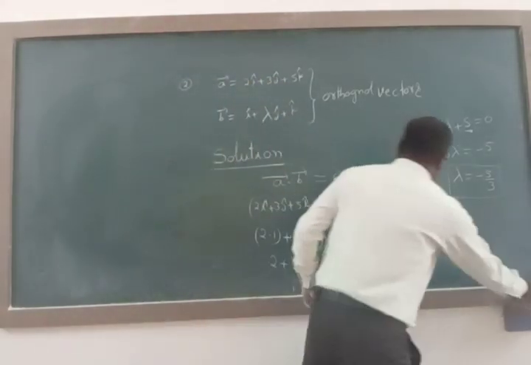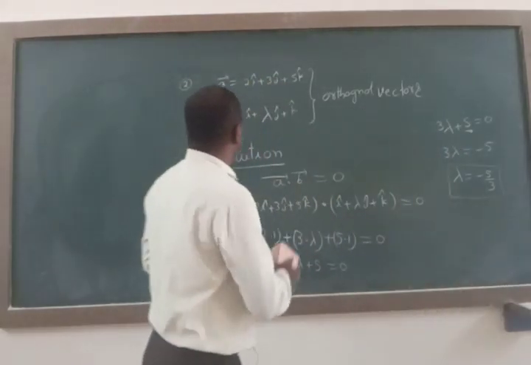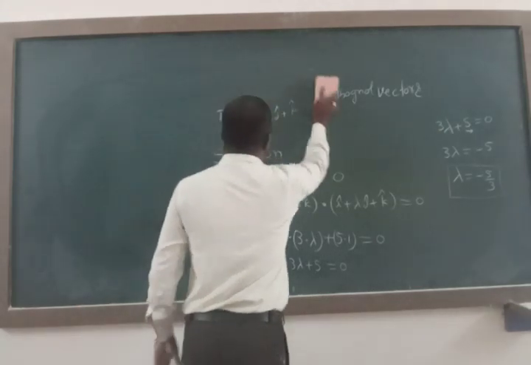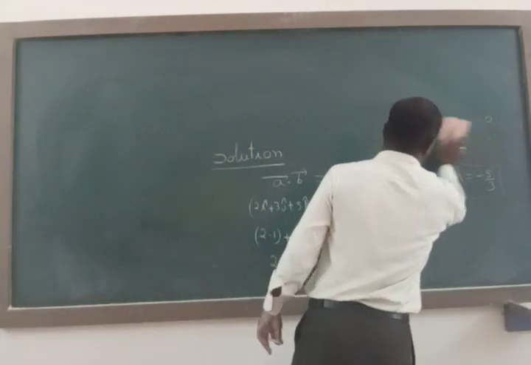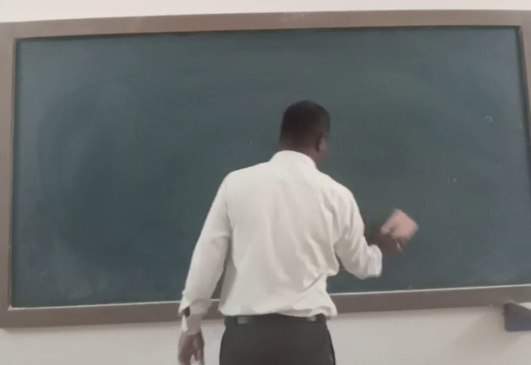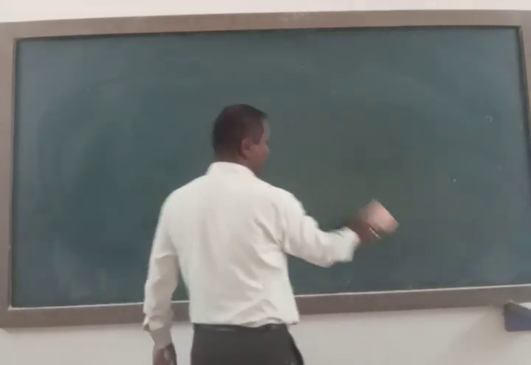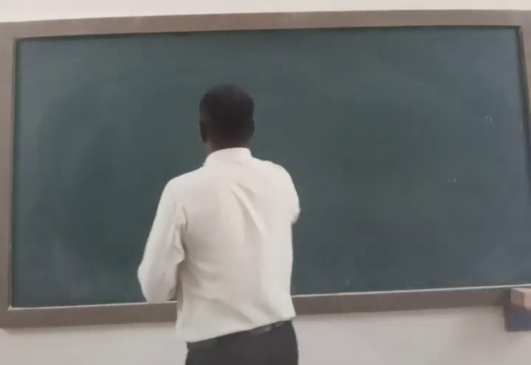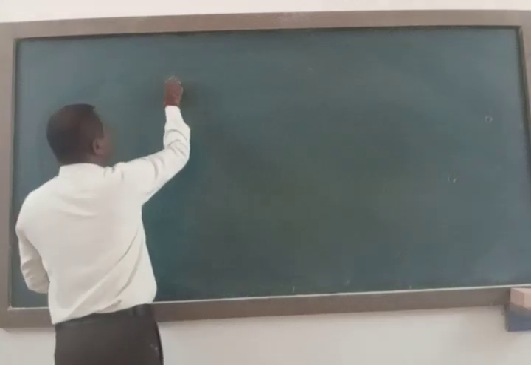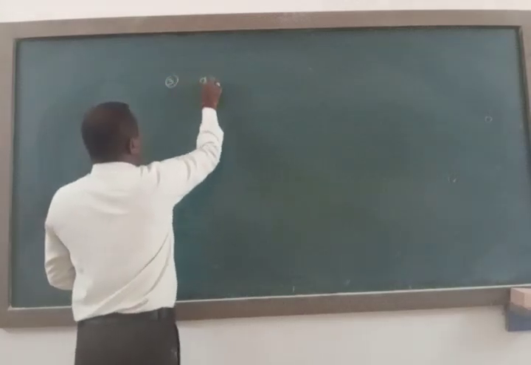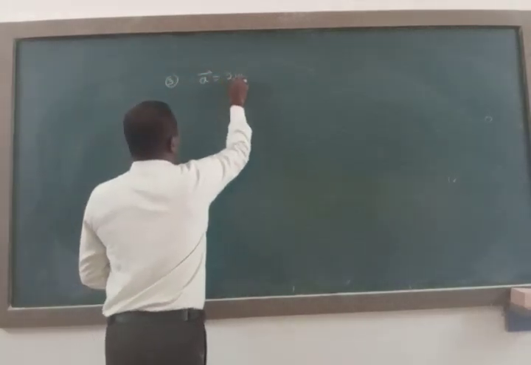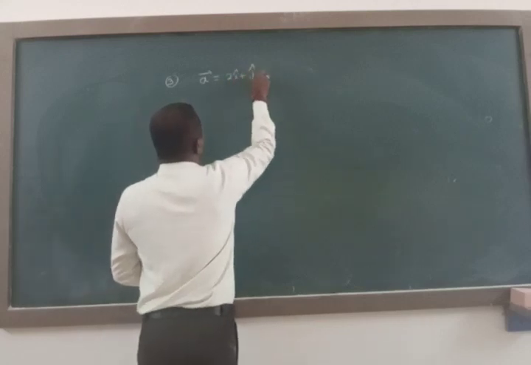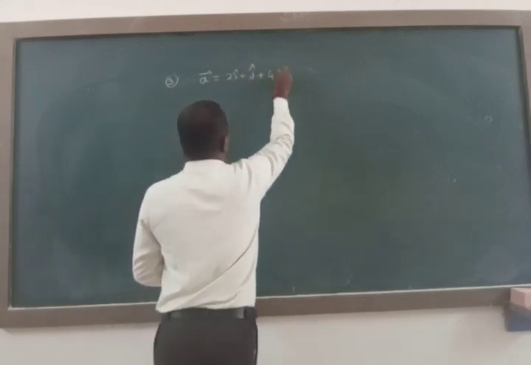Next, how to find the cosine of the angle. On the cosine of the angle also they will ask some questions. Third example: A bar is equal to 2i cap plus j cap plus 4k cap.